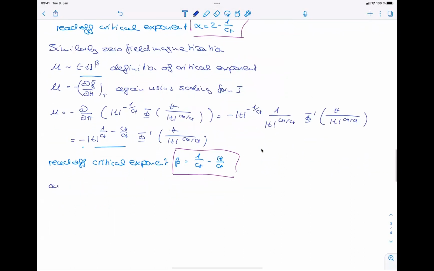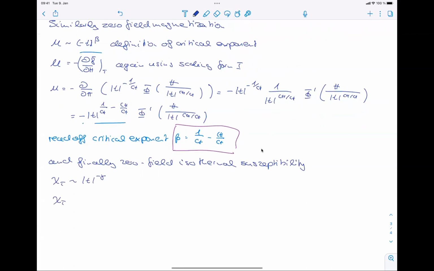And with the same scaling form, we also get the zero field isothermal susceptibility, defined as scaling t to the power of minus gamma, and thermodynamically defined as the derivative of the magnetization with respect to the field, which is again taking another derivative of the above.